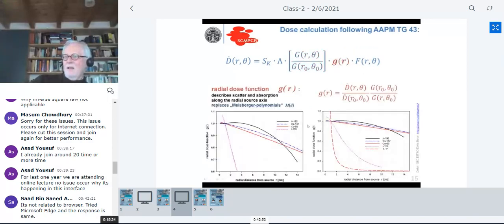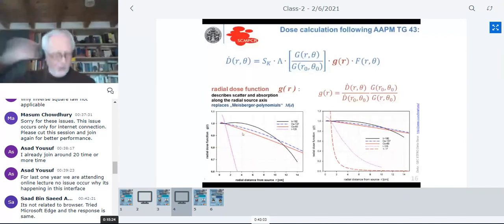Now this here is what the radial dose function looks like. And you see this is very similar to the Meisberger polynomial that I just showed you, but it is different. The main difference you can tell here is at 1 centimeter distance, the radial dose function is always 1.0, because it's the dose rate at 1 centimeter divided by the dose rate at 1 centimeter.